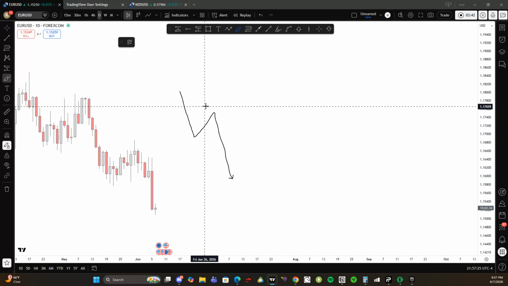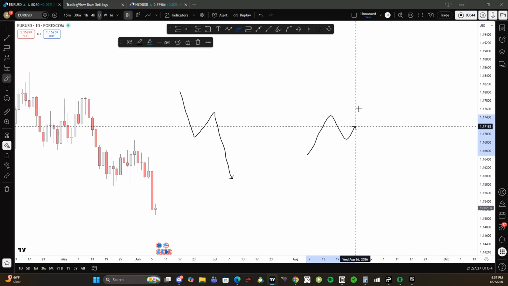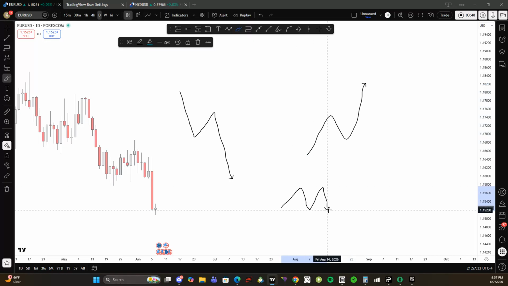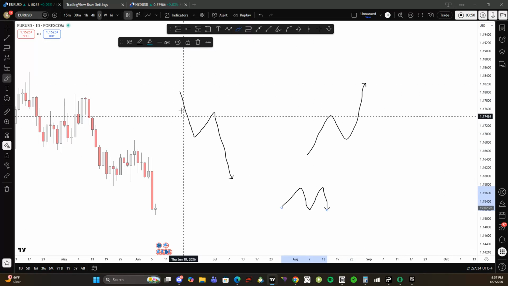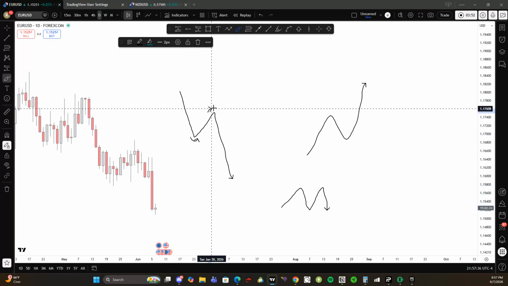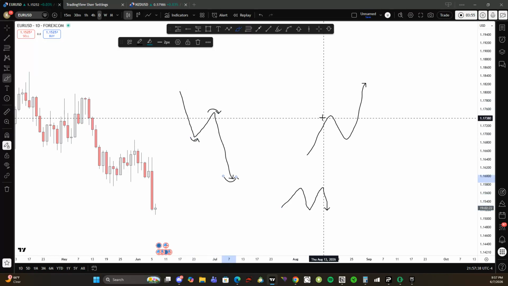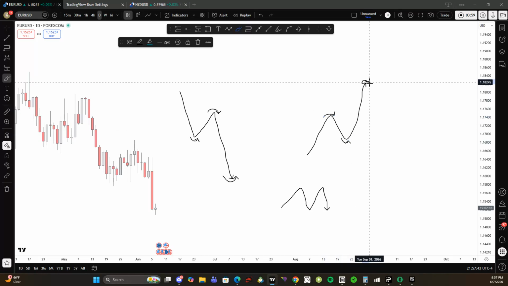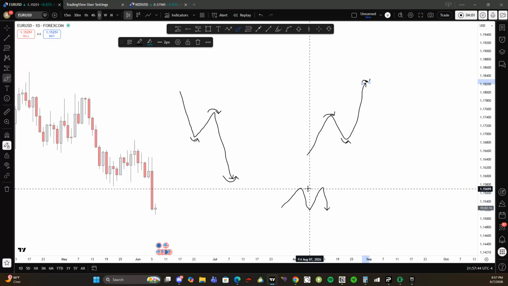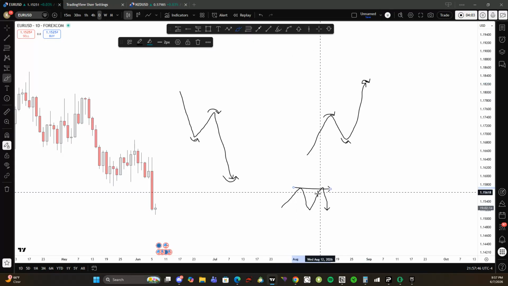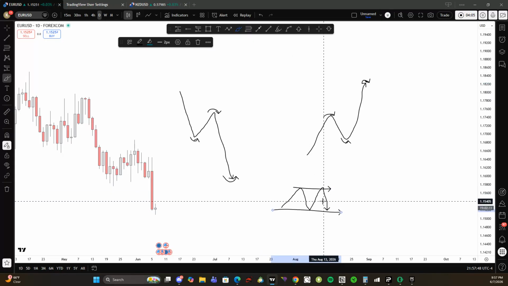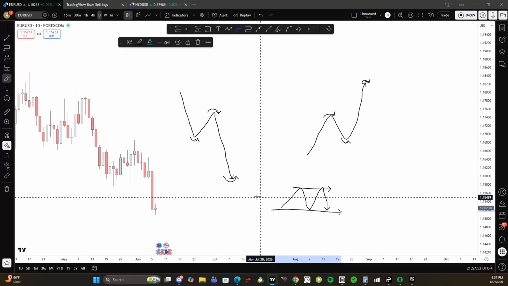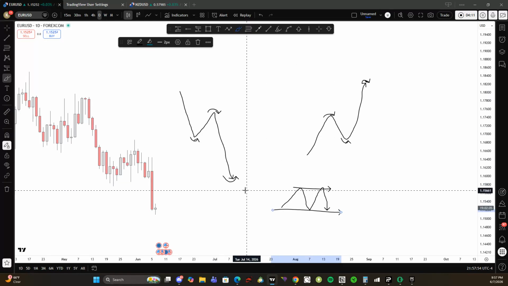It's either in a downtrend, an uptrend, or it's consolidating, moving sideways. Downtrend: lower lows, lower highs into lower lows. An uptrend: higher highs into higher lows into higher highs. And when consolidating, it would be moving sideways.